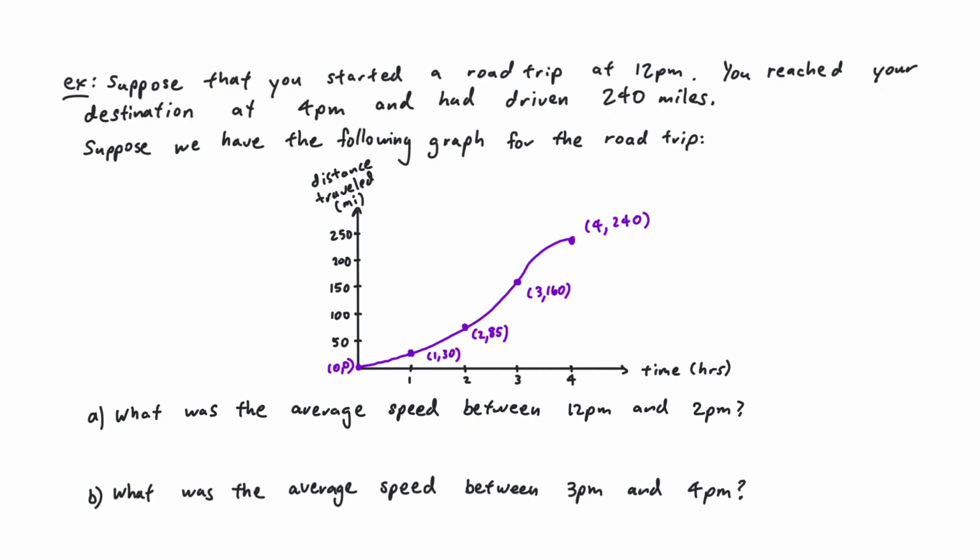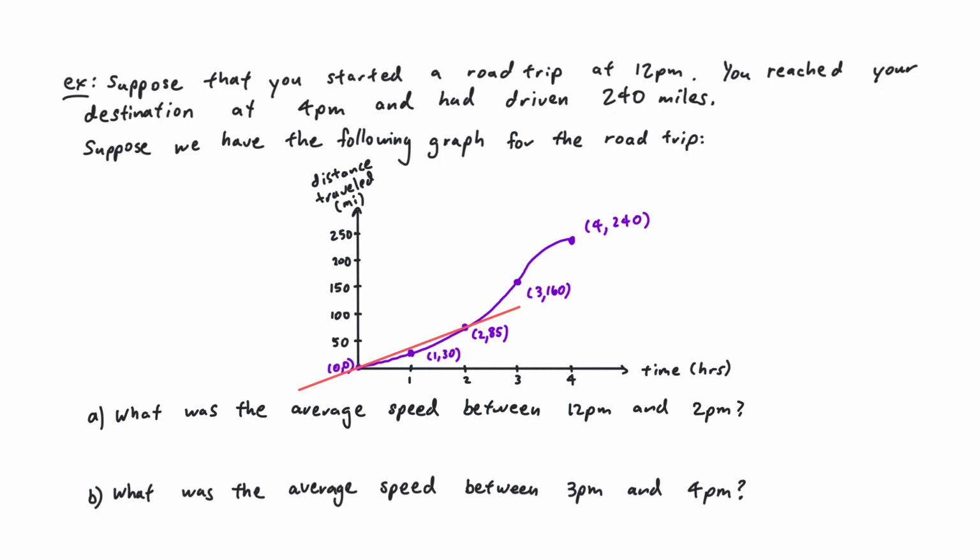Well, what are my endpoints if we're looking between 12 p.m. and 2 p.m.? At 12 p.m., we're at the point 0, 0, and at 2 p.m., we're at the point 2, 85. So our secant line would be the line that connects those 2 points, which looks something like this.